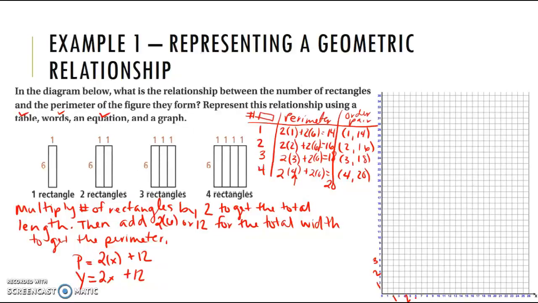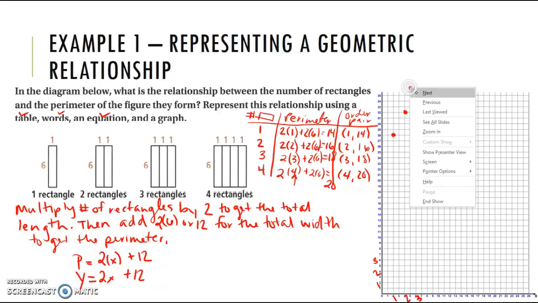1, 2, 3. So at 1, we are at 14. 2, we are at 16. At 3, we make it to 18. It's actually this right up here.